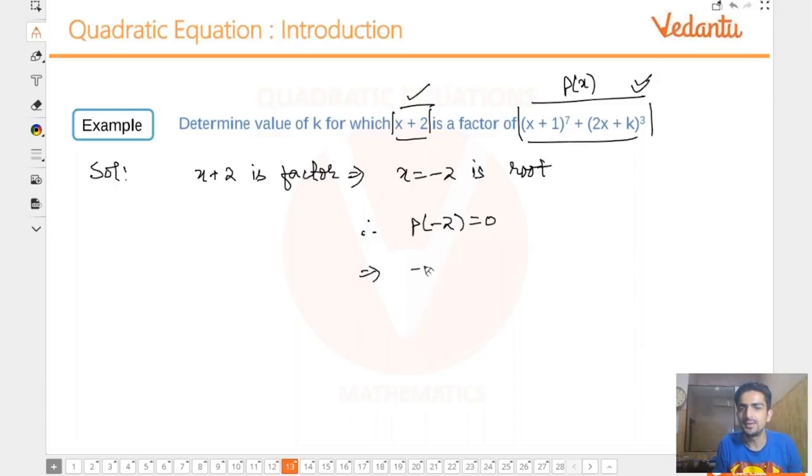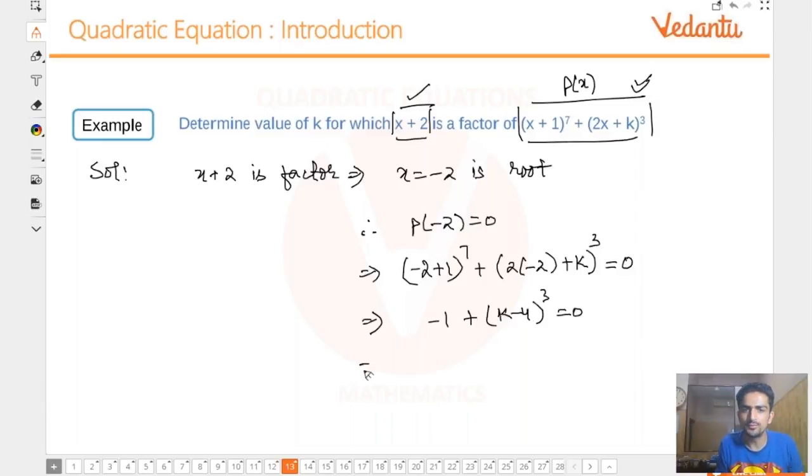So it implies (minus 2 plus 1) raised to power 7, plus (2 into minus 2 plus k) whole cube, equal to 0. So that is minus 1 plus (k minus 4) whole cube equal to 0. So from here we get, let me just complete this, (k minus 4) cube equal to 1.